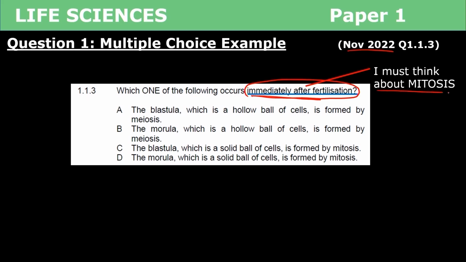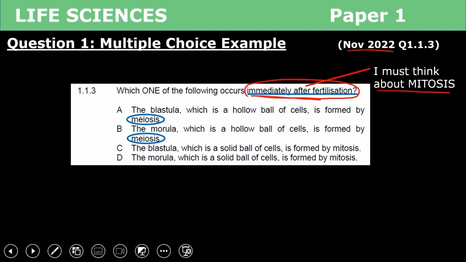You need to think of mitosis. Then you quickly look at the options that are given. You see, this one has meiosis, that one has meiosis. So you can eliminate those options because immediately after fertilization, mitosis takes place.